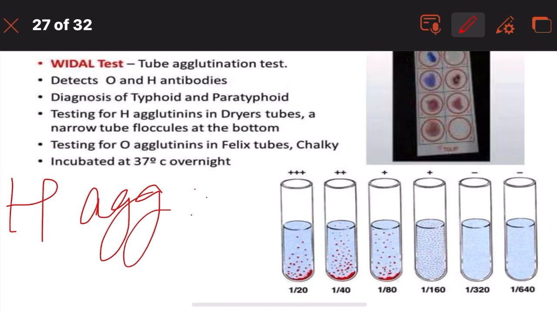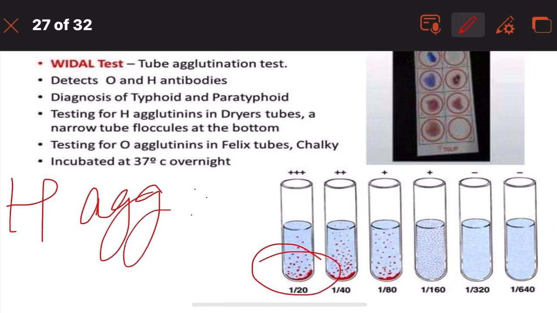What do you mean by narrow floccules? If the floccules are narrow, it suggests that there is a lower concentration or a weak interaction between the antibody and antigen. This indicates there is a low titer of H agglutinins or a less severe infection. Are you understanding it? Is it clear?